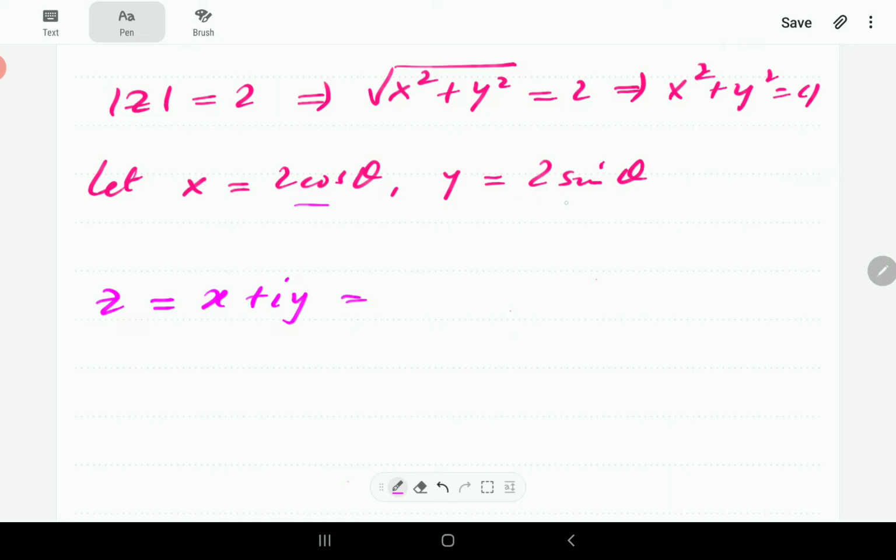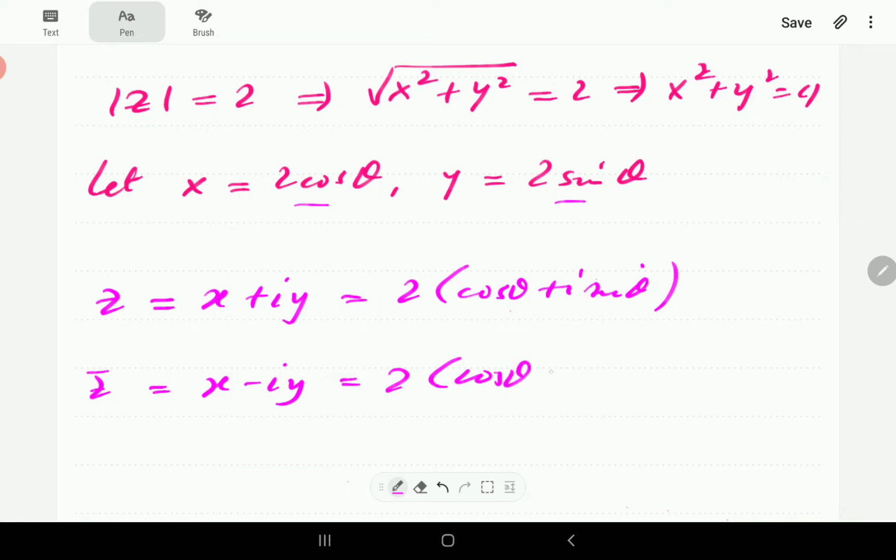If we plug in these two, it is going to be 2 times (cosine theta plus i sine theta). Then the conjugate of z is x minus iy. So that one is going to be 2 times (cosine theta minus i sine theta). Now, this is well and good.